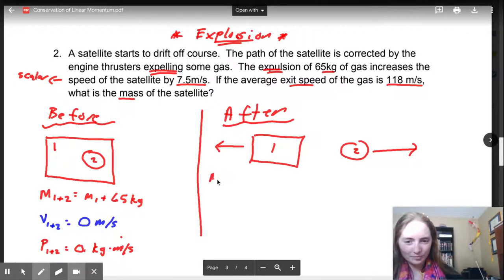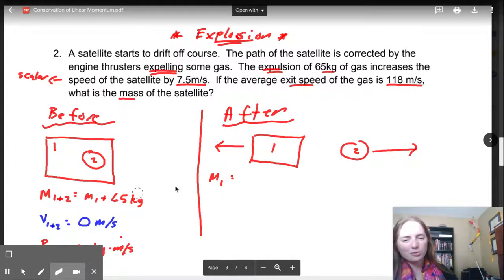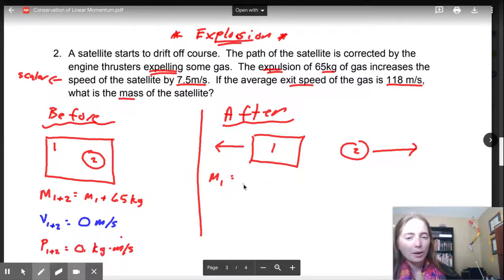So, M1, I'm going to call it M1, because really the mass of 1 isn't changed, since we've got M1 plus M2 over here. So M1, well, that's what we're trying to find out, ladies and gentlemen. We don't know. V1 prime increases the speed of the satellite by 7.5 meters per second.